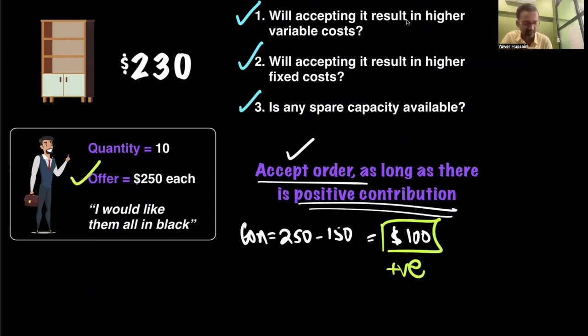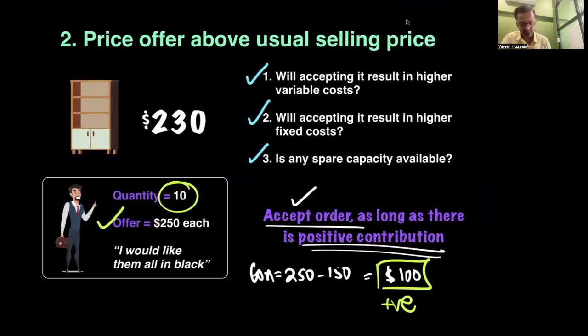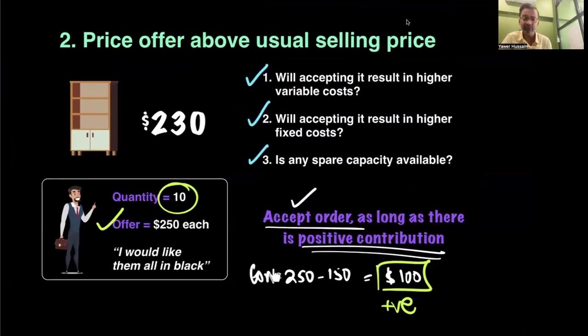Therefore, you will go ahead and accept the order. Even if it was one unit, even if it means you have a lot more work to do, even if it means that you have to get more paint and do all those things, as long as there's positive contribution, you go ahead and accept the order.